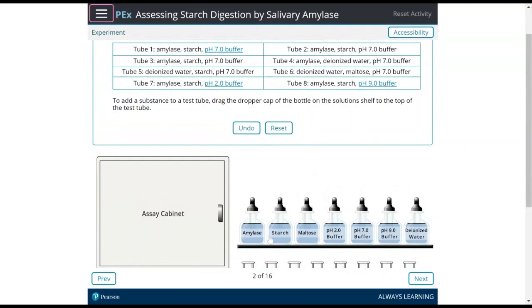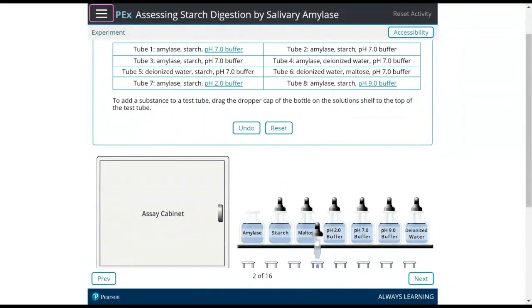Tube 2 gets amylase, starch, and pH 7. Tube 3, amylase, starch, pH 7.